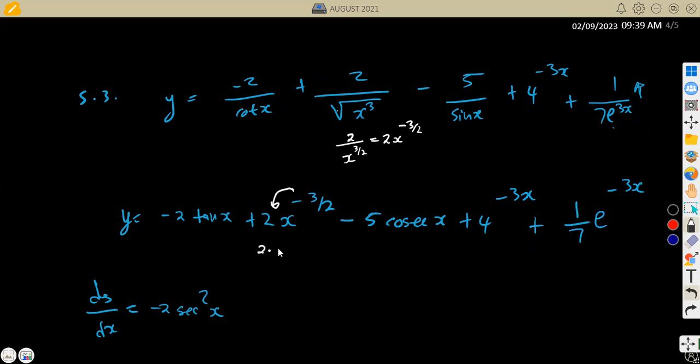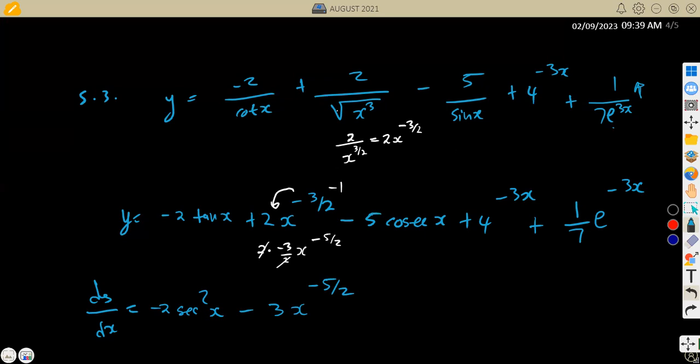So it's 2 multiplied by -3 over 2. Then on x, we subtract 1. So -3 over 2 minus 1, which is going to be -5 over 2 if you simplify properly. So the 2 and 2 cancel, you remain with a -3. So it's going to be -3x to the exponent of -5 over 2.